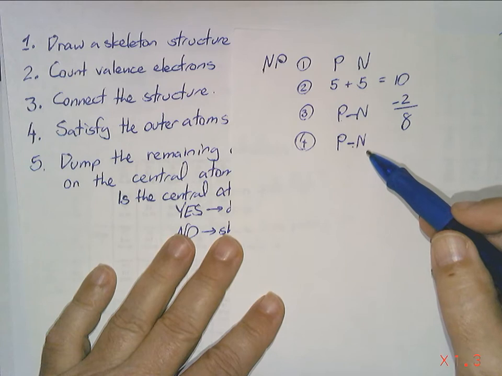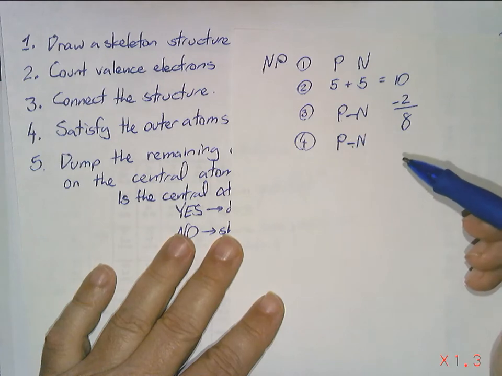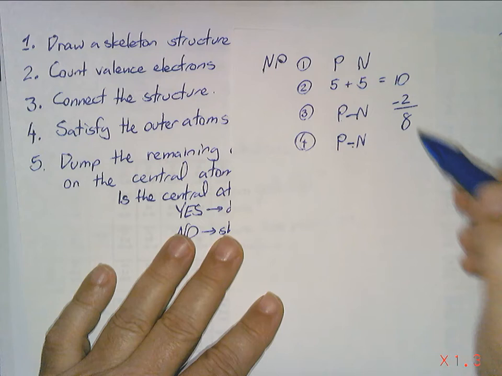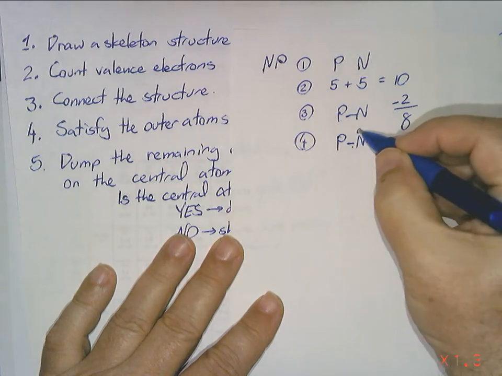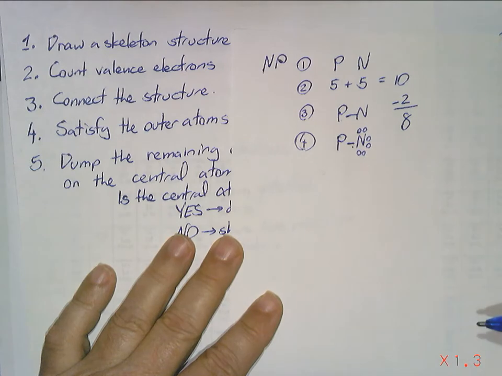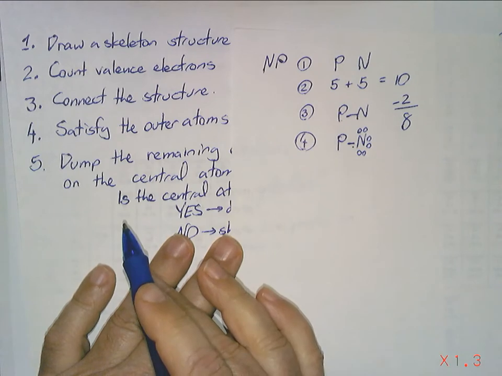That's the octet rule. Hydrogen is satisfied with just 2. But this is going to want 8. It's got 2, because the stick counts for 2, and it wants 6 more. Now I've got 8, so I'm going to plunk down 6 more for it, and now it's got 8. It's satisfied. I did satisfy the outer atom, the nitrogen.